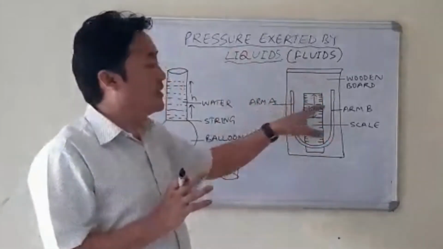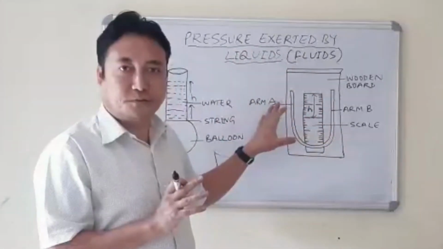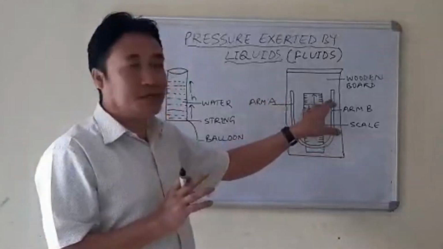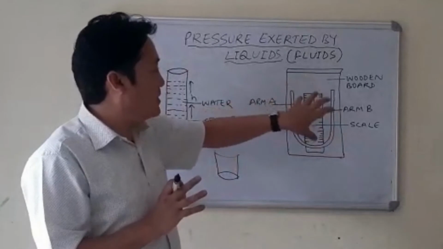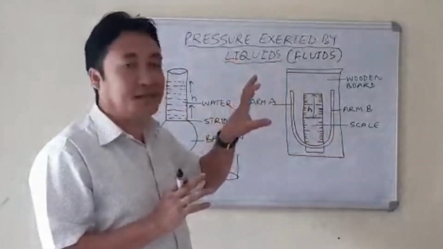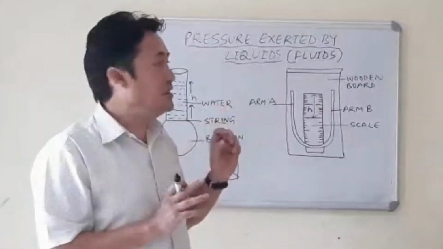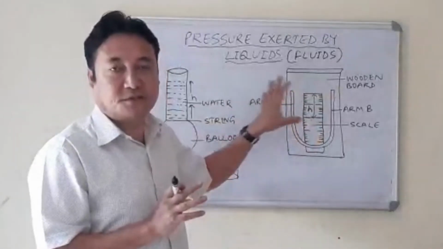The scale gives the reading of the level of the water in this U-tube. Both the U-tube as well as the scale are fixed on the wooden board.